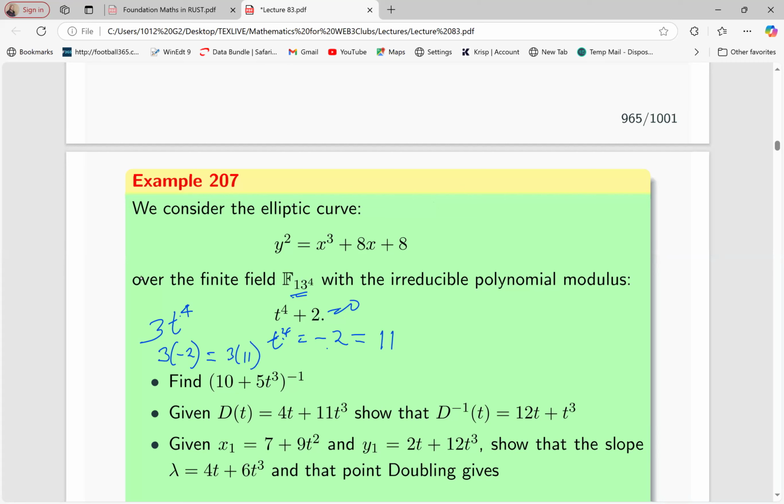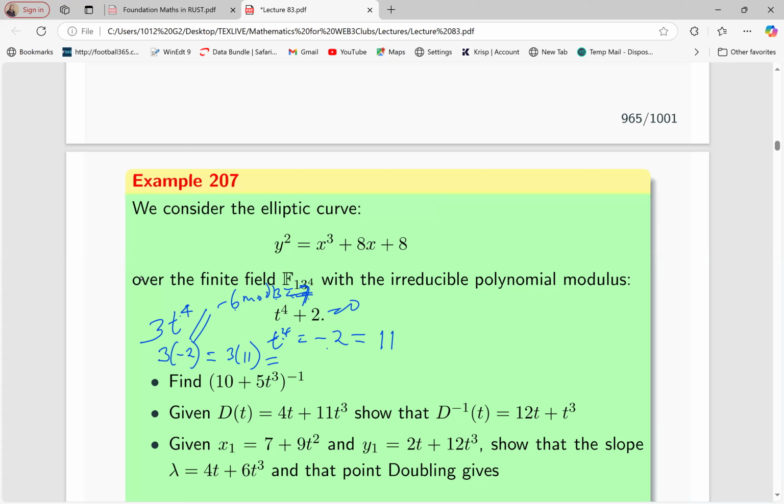These two are the same, because this is -6, and -6 mod 13 is the same as 7, because -6 plus 13 is 7. What about this?